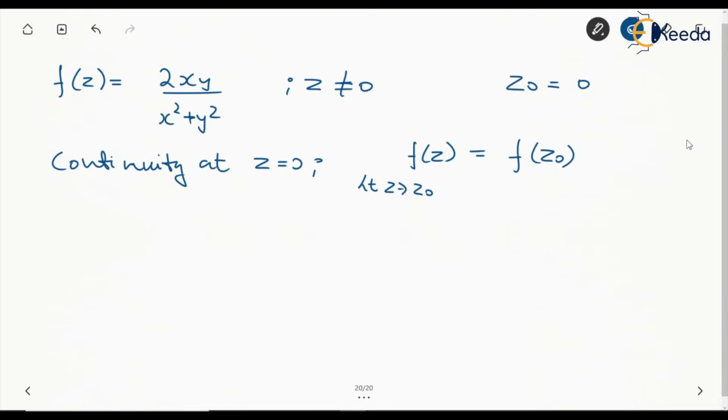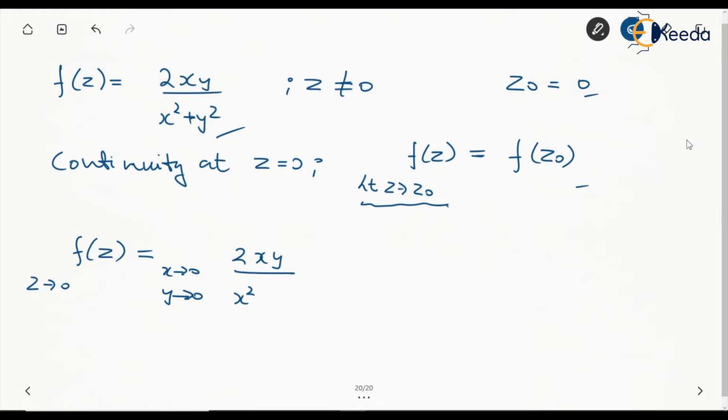So basically we have to find the limit of the function as z tends to z naught and check whether it is equal to the function value at z naught, right? And what is this z naught? Z naught is at origin, and this is the function. So f of z for z tends to 0, that is x tends to 0, y tends to 0 for 2xy by x square plus y square.